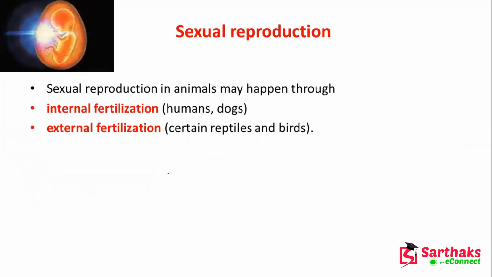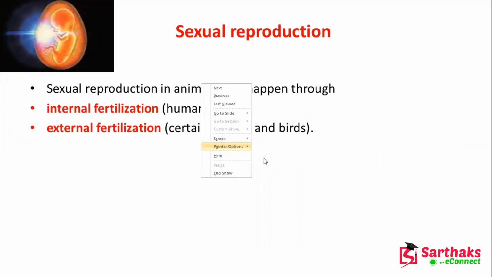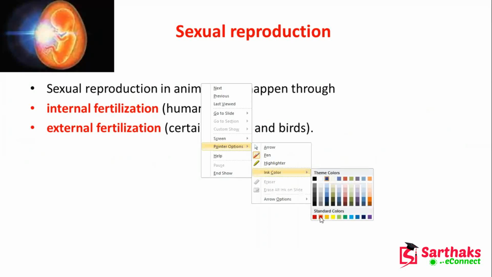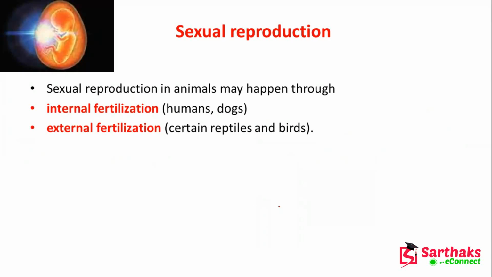Now the sexual reproduction. Let me change the pointer color. Okay. Sexual reproduction may involve internal or external fertilization.